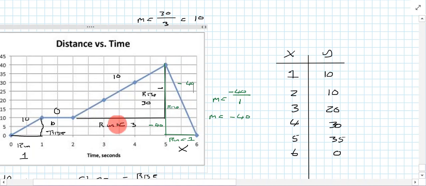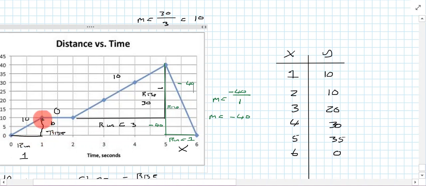So again, this is just a way that we can look at a graph and identify the slope from the information that's given on the graph, without anything else. We just need to be able to identify the rise and the run. So we can see there the run and the rise, it's going to form a right angled triangle like so. The run is along the bottom, the run is the x value, the change in x, and then the rise is the change in y.